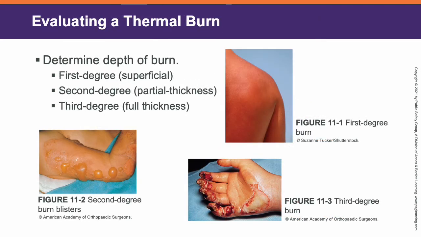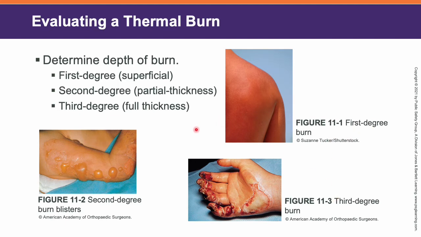Okay, so we talked about the classifications of burns. Now we're going to talk about evaluating how bad a burn is. Okay, so there's three severities of burns. The first being first degree, the second being second degree, and the third being third degree. So really the only difference is how deep into the skin it gets. So a first degree burn, which is superficial, like a sunburn, is a first degree burn.